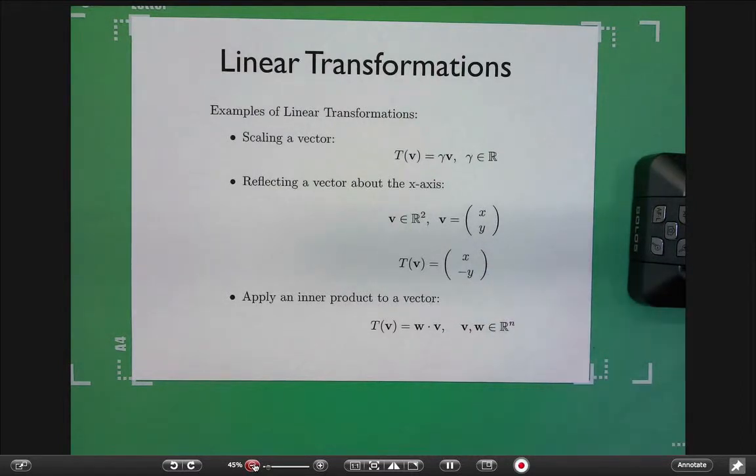By the way, if you're familiar with programming, MATLAB or whatever is your favorite programming language, you can think about transformations as functions, right? They take something on the input, they produce something on the output. And linear transformations are an especially simple class of transformations which obey the property of linearity, which I was talking about before. So reflection is an example of that.